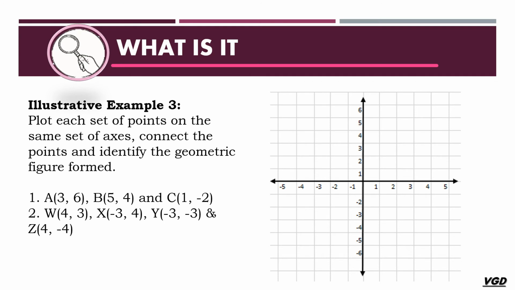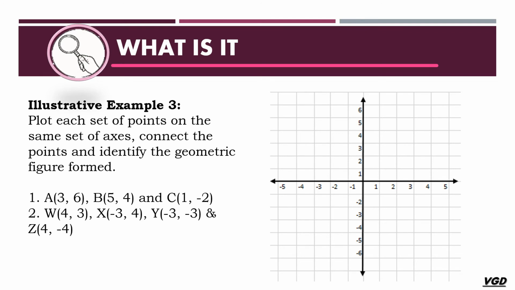And point C has 1 and -2 coordinates. Number 2, we have point W with the coordinates of positive 4 and 3. Point X, we have here the coordinates -3 and 4. Point Y, -3 and -3 for the coordinates. And point Z, we have the coordinates positive 4 and -4.